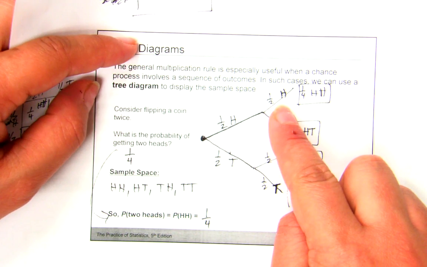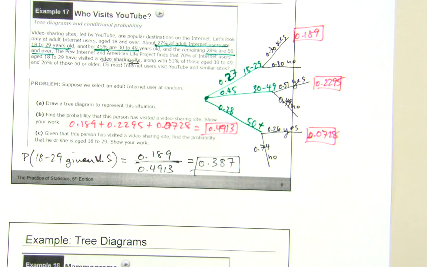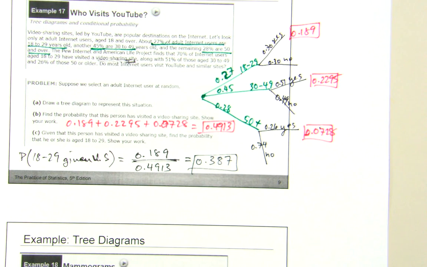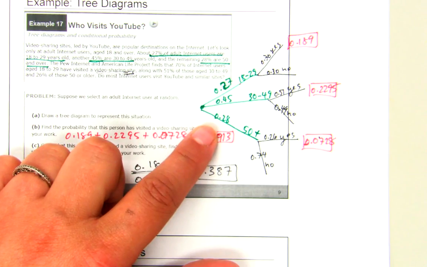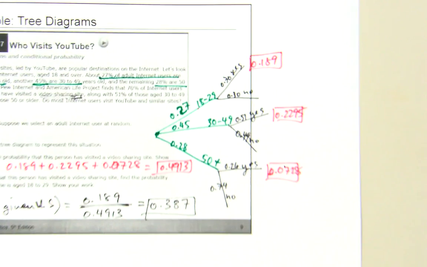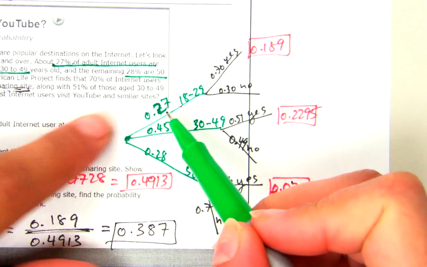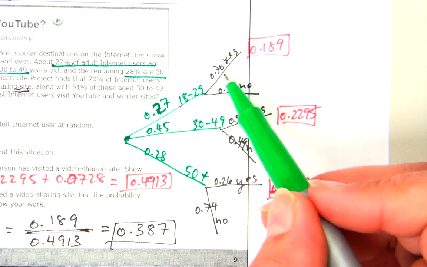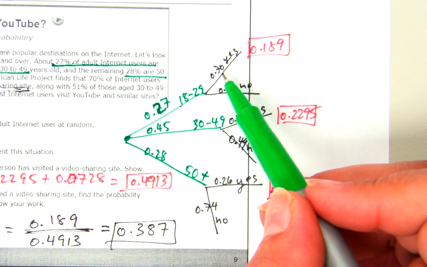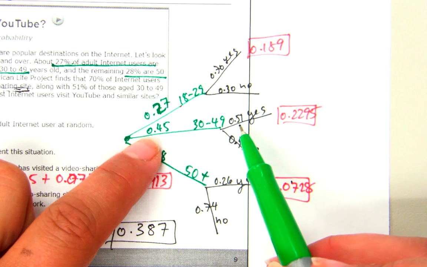But, for example, on the tree diagram with this one, I'm pretty sure this is not an independent event. Yeah, this one. The probability for this one is not independent, and you'll see that right away. If you get 0.27 for 18 to 29-year-olds, you have a much higher chance, a 70% chance of being on the site, than if you were to get 0.45 and get 0.51.